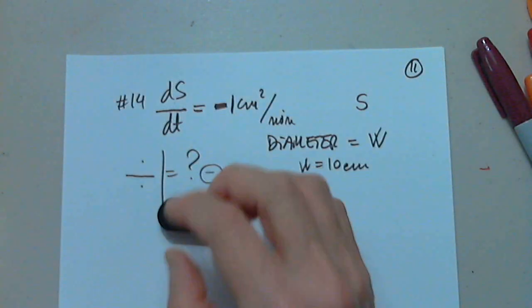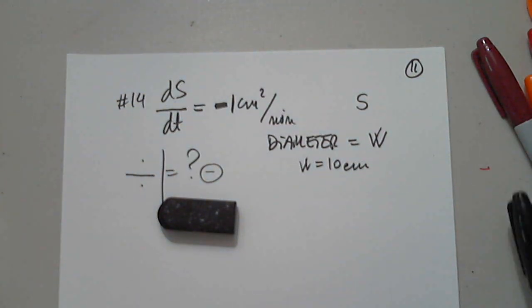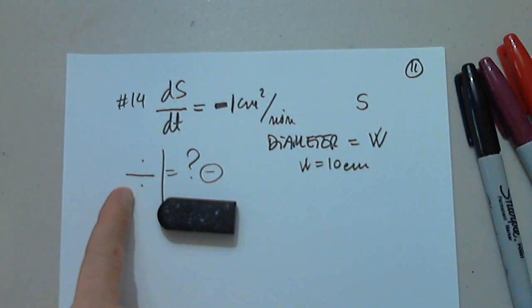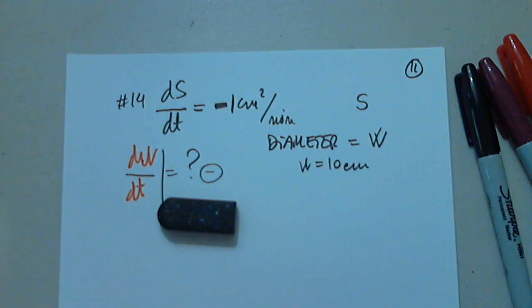Which we know we do not take into account. Find the rate at which the diameter decreases when the diameter is 10 centimeters. So what are we asked to find here? dw over dt. Brilliant, thank you. That's it. That's the question.